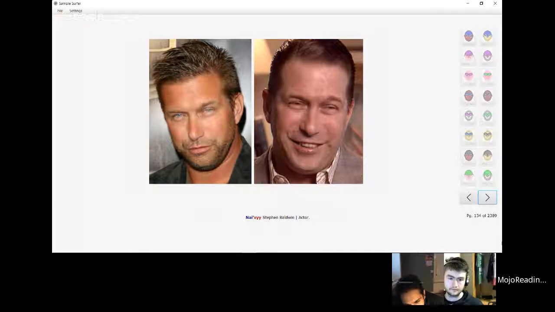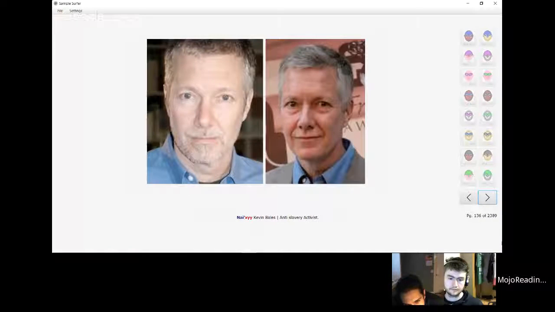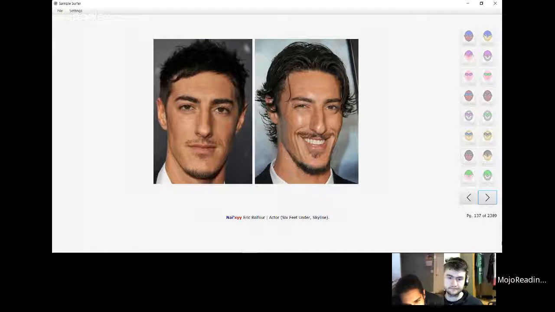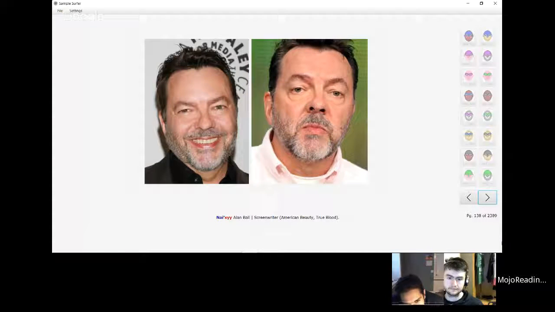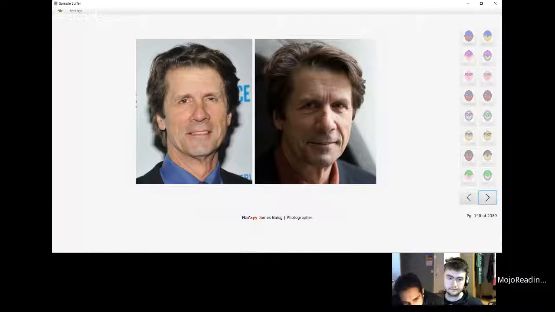Naiji Stephen Baldwin. Naiji William Baldwin. Naiji Kevin Bales. Naiji Eric Balfour. Naiji Allen Ball. Naiji Robert Ballard. Naiji James Bullock.